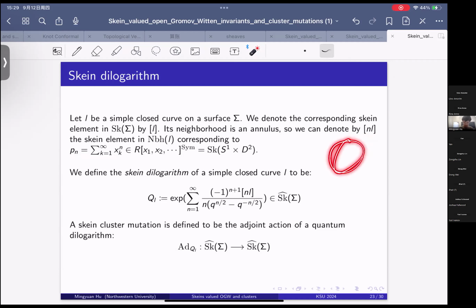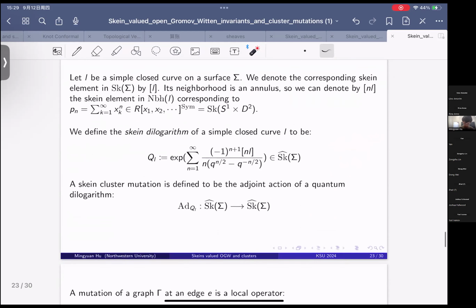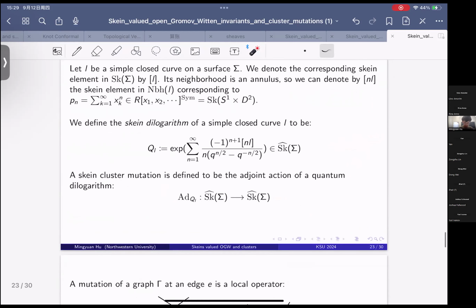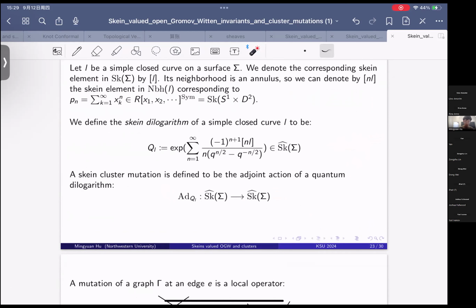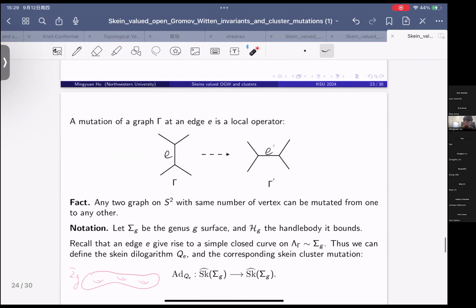Roughly speaking, that's a curve running around L n times, and we define the skein dilogarithm with this. It's just a formula, and it has some nice properties which we'll introduce later. Then we can define the skein cluster mutation to be the adjoint action of this Q_L. So for any simple closed curve L on gamma, we define a cluster mutation. Now there is also a notation called mutation of a graph. The mutation of the graph is just a local operator.